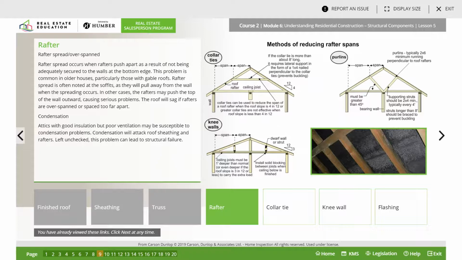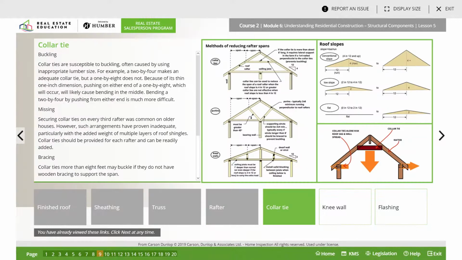Rafter spread occurs when rafters push apart as a result of not being adequately secured to the walls at the bottom edge, so they can overspan or they can spread. Condensation: an attic with good insulation but poor ventilation may be susceptible to condensation problems. Collar ties: the problem with collar ties is buckling or missing bracing.